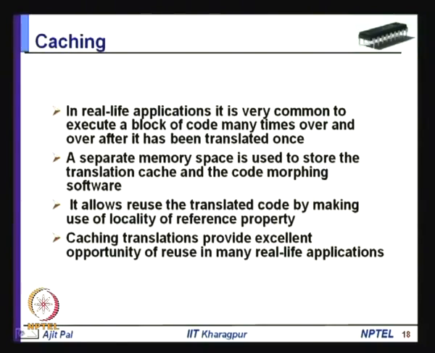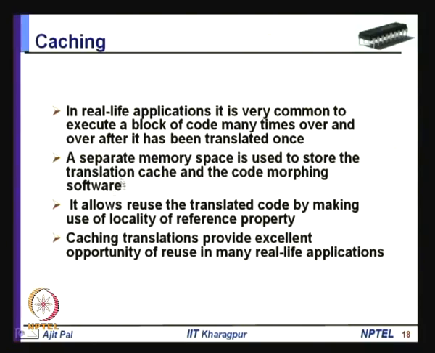We use a property known as locality of reference, and by using it, the part of the program which is executed most of the time is stored in the cache memory. In this case, a separate memory space is used to store the translation cache and the code morphing software.